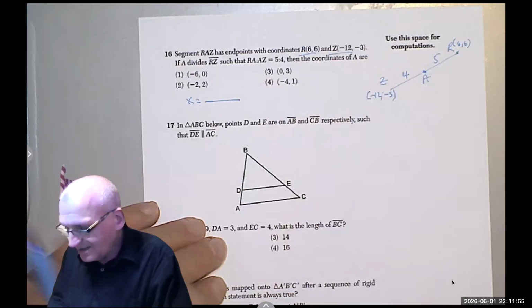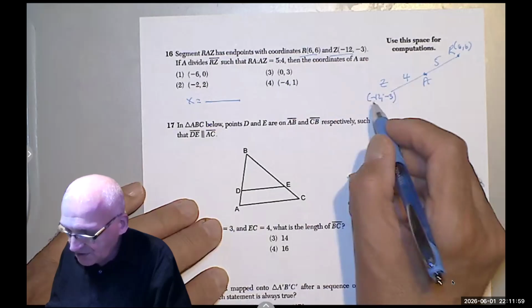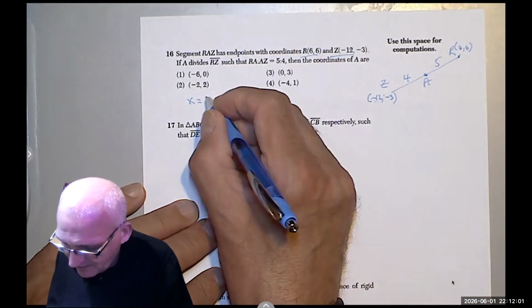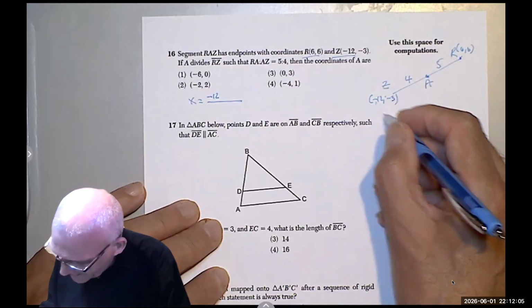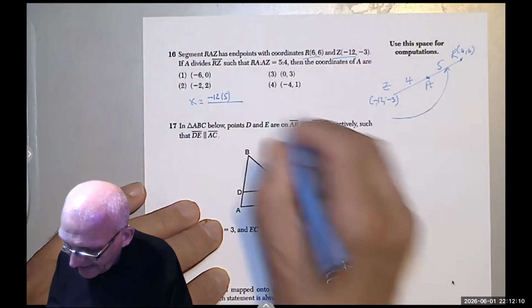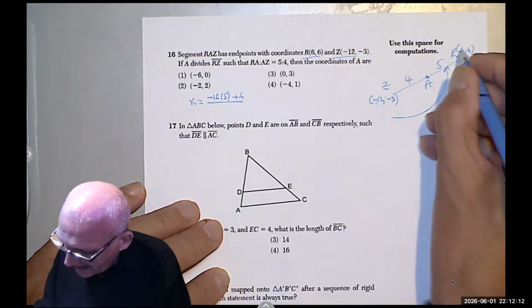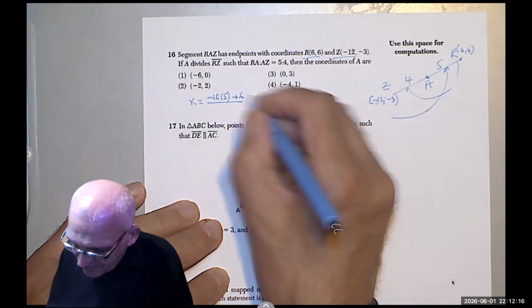But anyway, it doesn't matter. You can pick any point to start with. So for example, if I pick negative 12, I'm going to multiply it by the further proportion, which is 5. And then I'm going to add the second point and multiply it by the further proportion, which is 4.